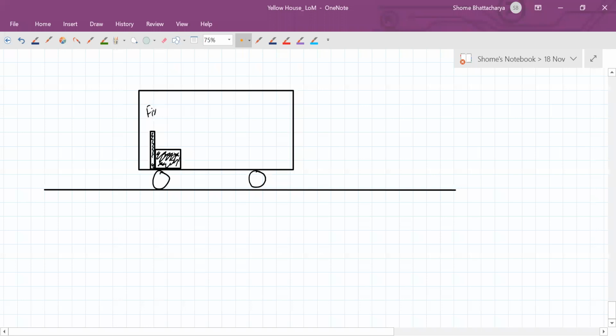So this is a fixed seat on the bus. The bus is having a horizontal acceleration in this direction, 5 meters per second square.